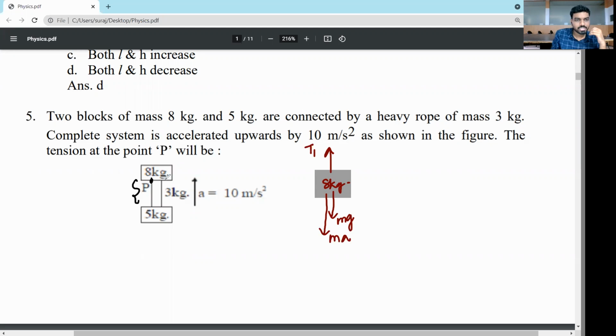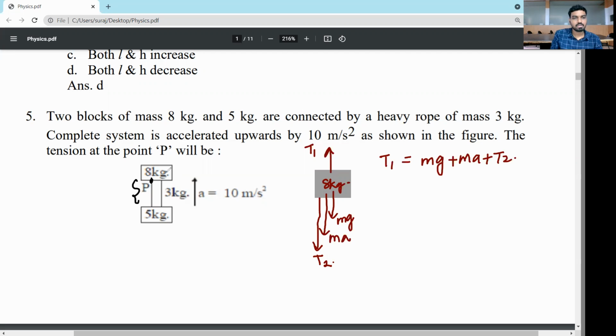And 8 kg is attached with a string, so there will be one more tension, T2, downwards. T2 is tension at P. mg downwards, pseudo force downwards, T2 downwards, T1 upwards. So T1 equals mg plus ma plus T2.